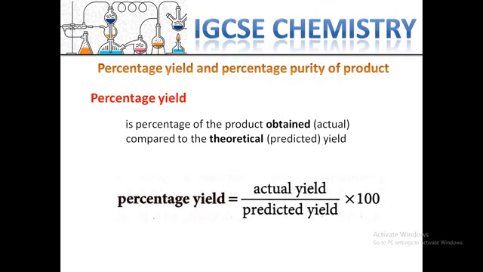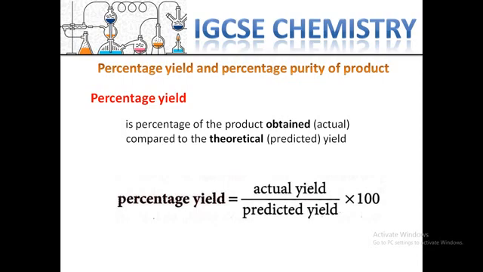So the way we can calculate the percentage yield, there is a definition for this equation. Percentage yield is the percentage of the product which you actually obtain, the real amount, compared to the theoretical or predicted yield based on mass and number of moles.